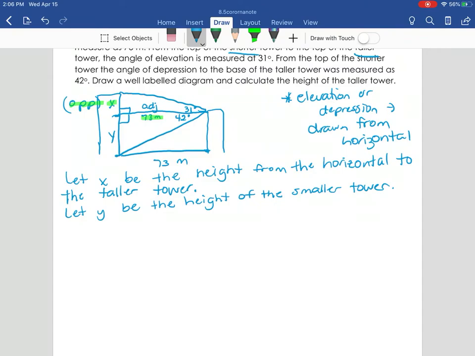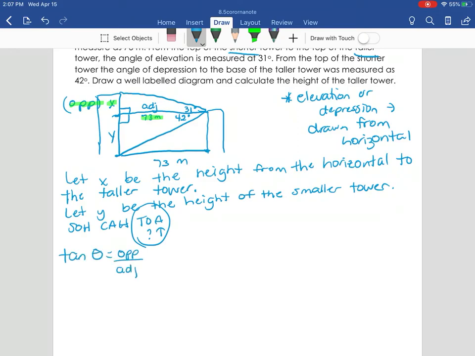It's very common that with most of these word problems, unless it talks about something like the length of the guide wire, normally you're not solving for the hypotenuse. So you're often going to be using tan. We're looking for opposite, given adjacent, which means we're going to do tan again.